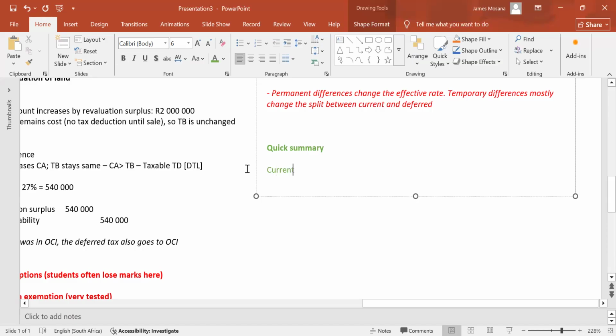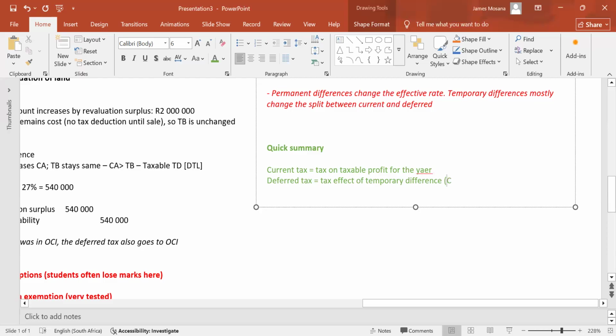So now, current tax. Current tax is the tax on the taxable profit for the year. Then deferred tax is the tax effect of temporary differences.